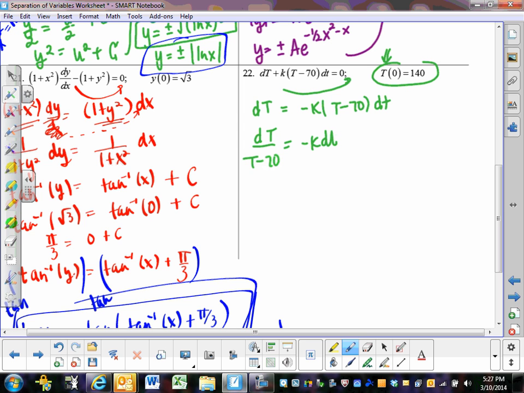So A equals 1. So that means my final answer is y equals positive 1 times e to the negative 1/2 x squared minus x. So we don't really have to write the 1, but if you like, I can write it on there temporarily. So there's no plus c because the plus c became the A.